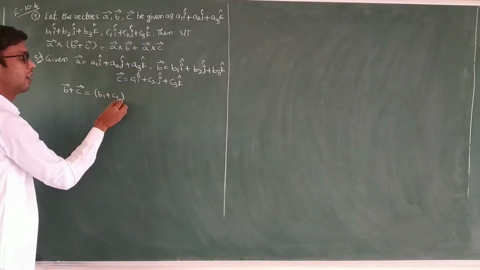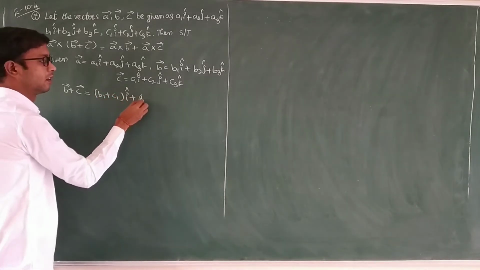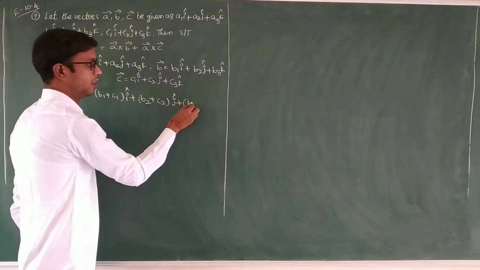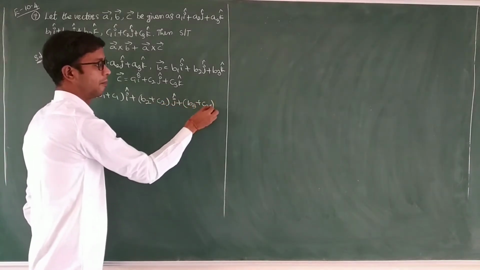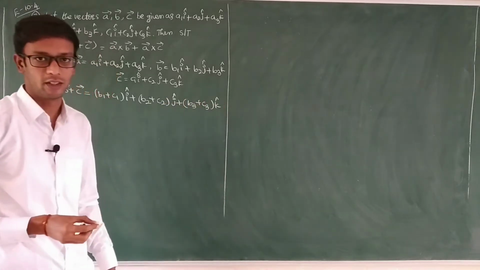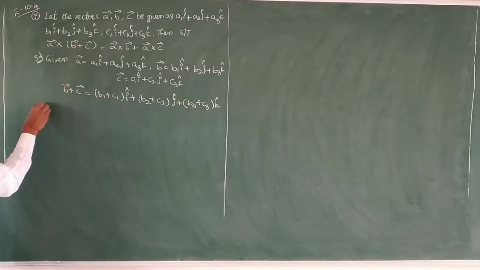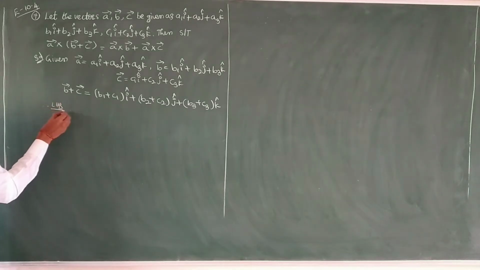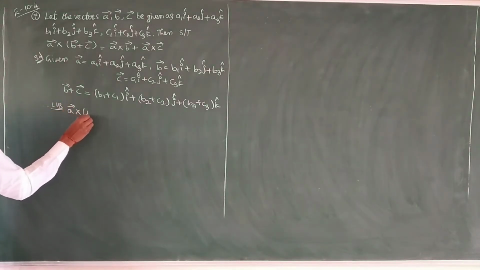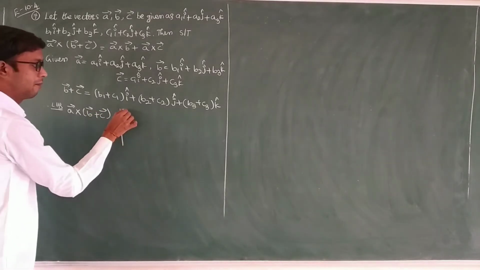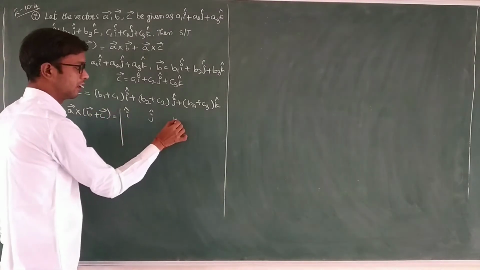B1 plus C1 i cap plus B2 plus C2 j cap plus B3 plus C3 k cap. So this is the B bar plus C bar. Therefore LHS, A bar cross of B bar plus C bar is equal to i cap, j cap, k cap.